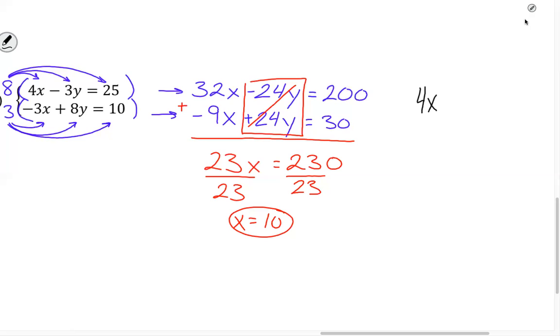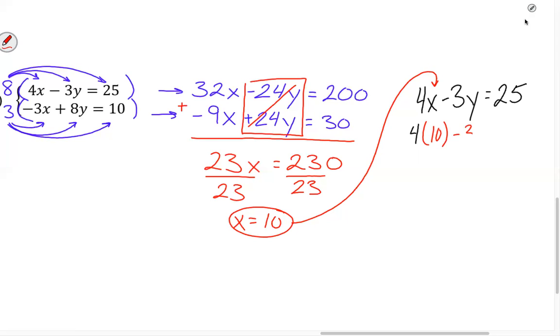So I'm going to write 4x minus 3y equals 25. Draw my arrow up to here. 4 times 10 minus 3y. Wrong color. Losing it.